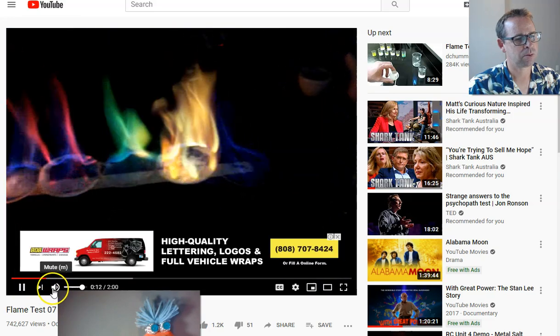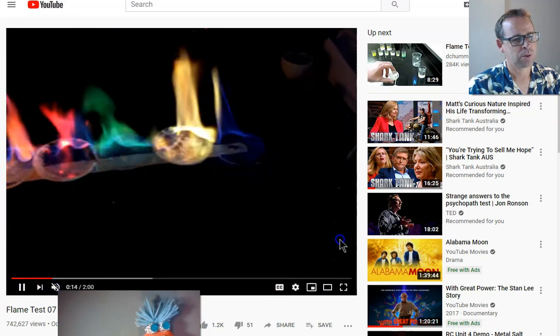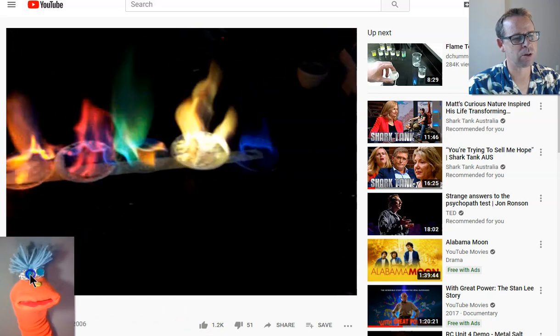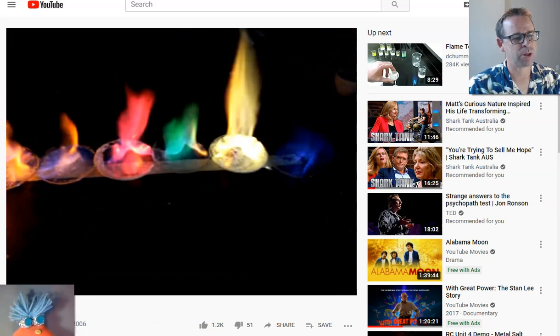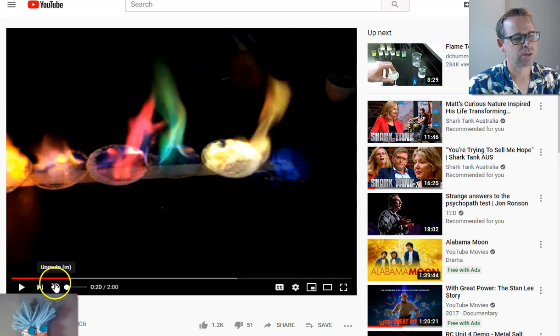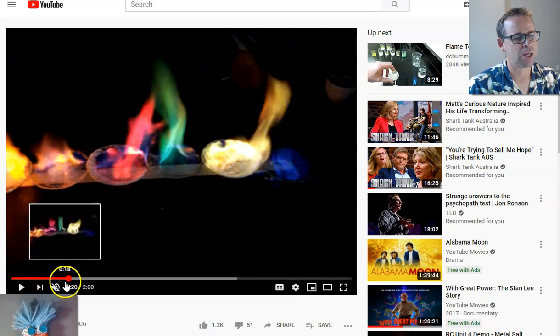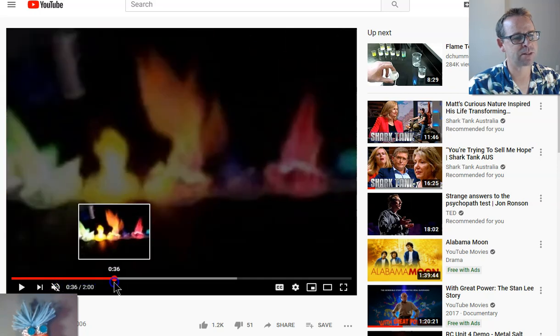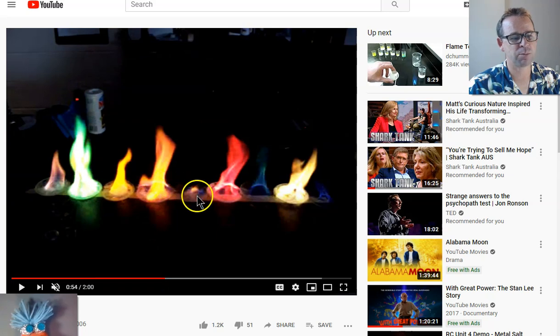First we have alcohol burning blue, and then we have... So these are different elements that are burning, and we can listen to what the elements are in a second here. But the point of this is that different elements give off different colors when they are energized by heat from a flame.